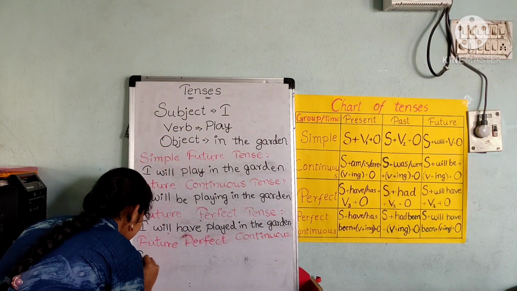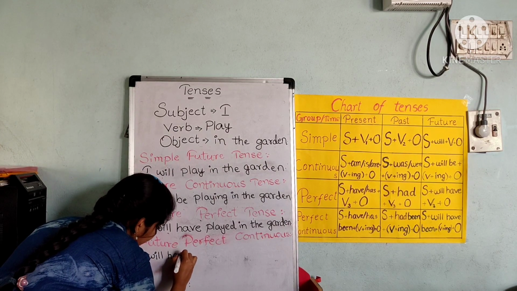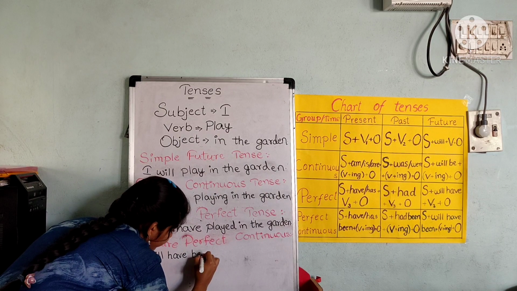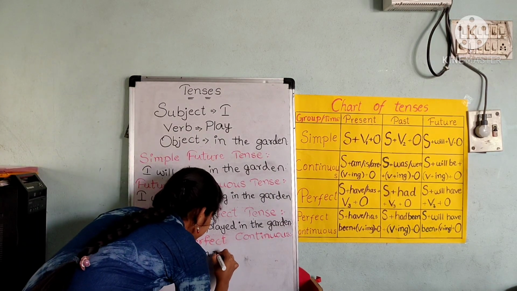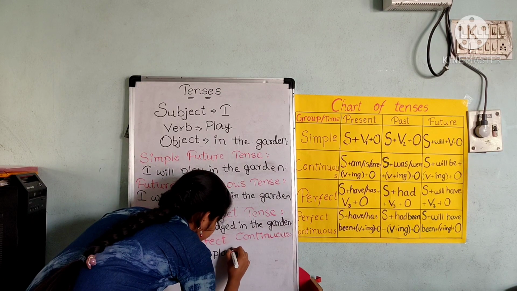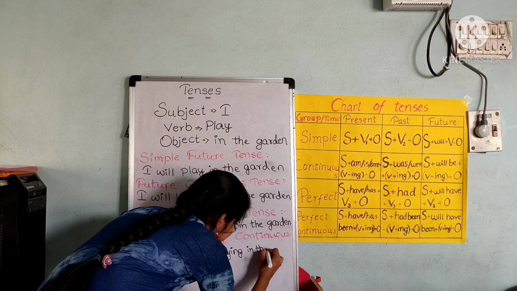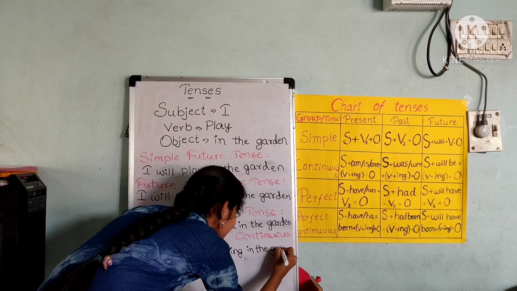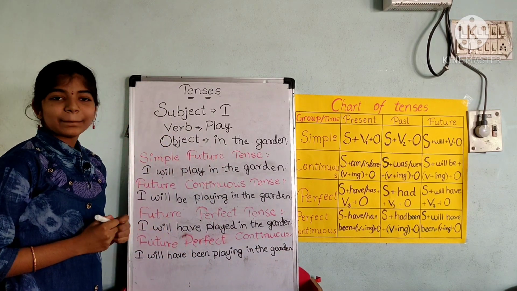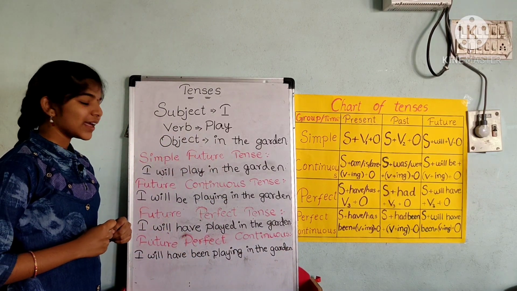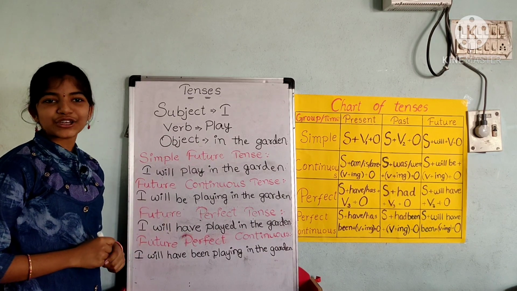Subject is I and will have been, and verb plus ing form is playing, and the object is in the garden. I will have been playing in the garden is an example for future perfect continuous tense.